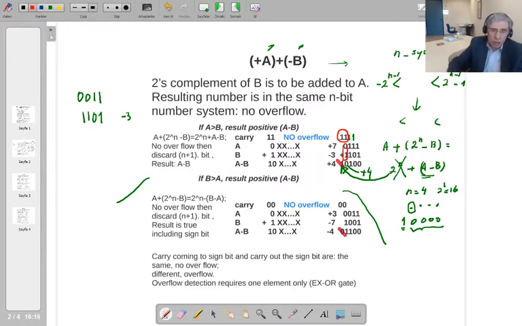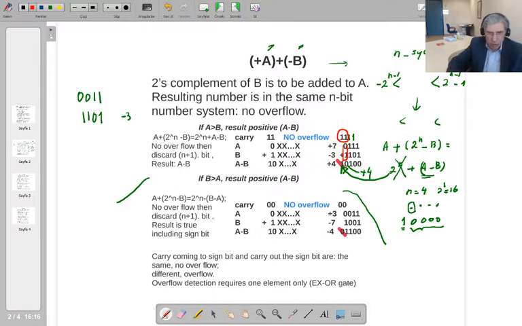So the other case is when B is bigger than A, or A is smaller than B. Then the resulting number is going to be a negative number, isn't it? If it is a negative number, we are going to represent it in two's complement form. And we definitely know that that number is going to be in the same number system range. So let's say it is plus 3 minus 7 in this case.